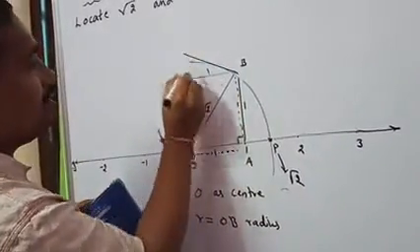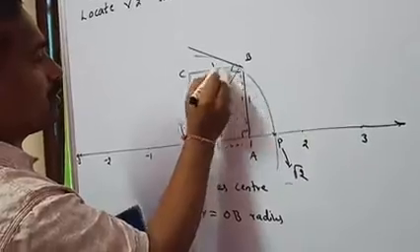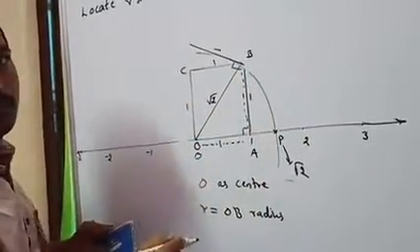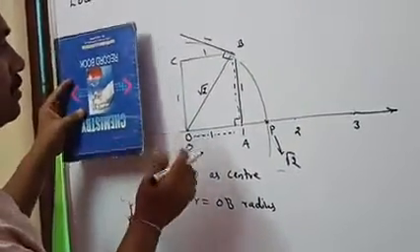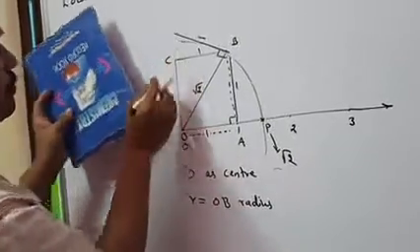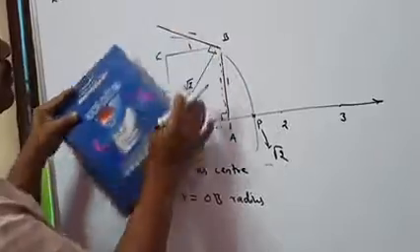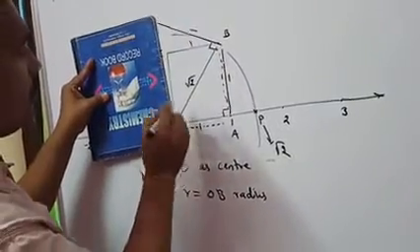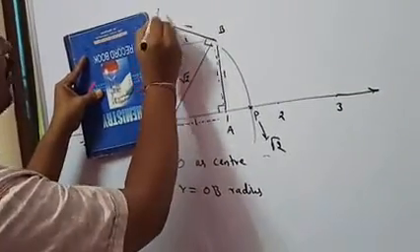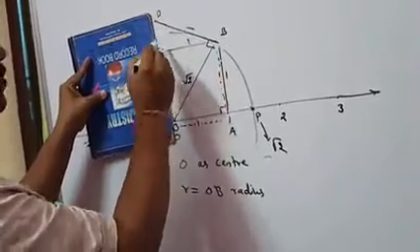This should be 1 unit. Join this to O, and if this is the point D, join OD.